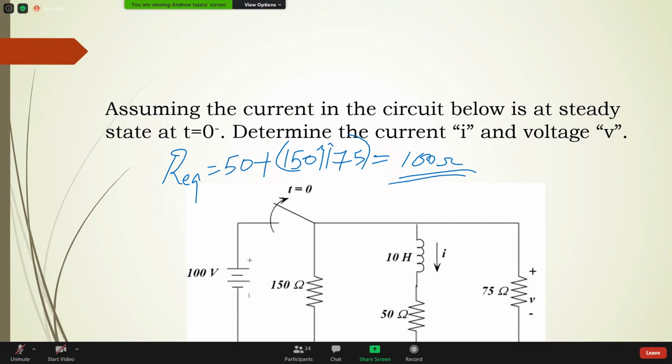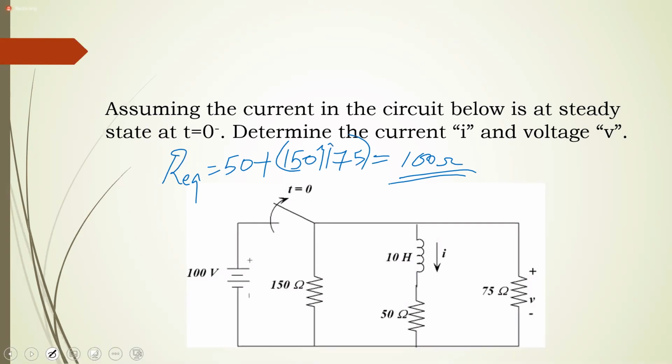So the instantaneous current for your inductor would be I0, because remember we said that I0 minus is equal to I0 plus. In this case, it would be equal to 2 amperes.